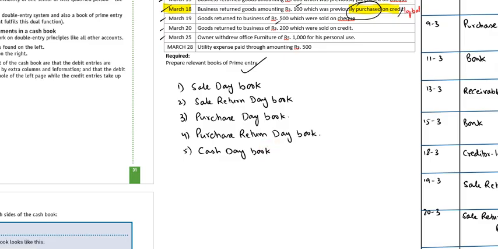And all entries which do not fall in these categories will fall in the general journal day book.